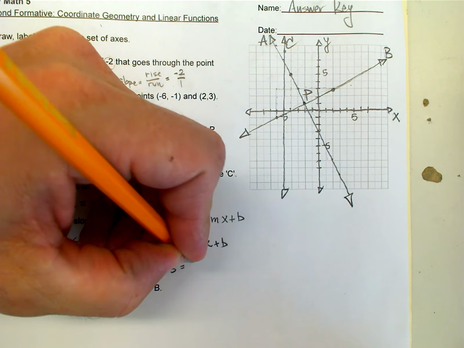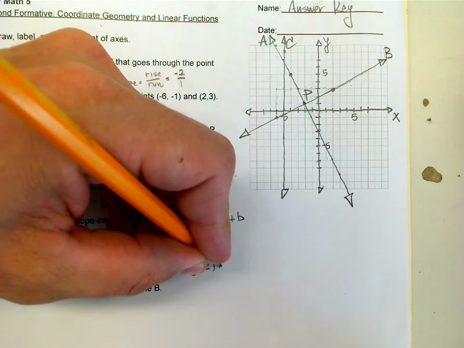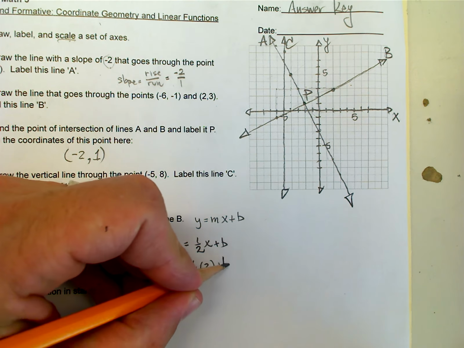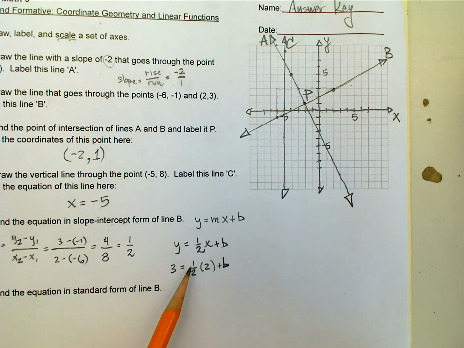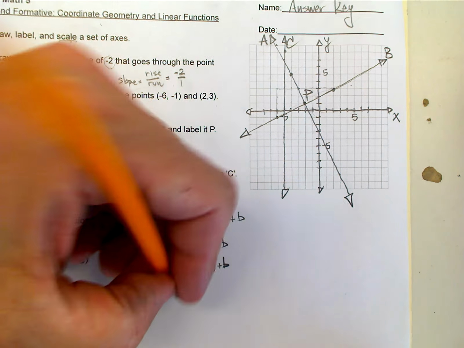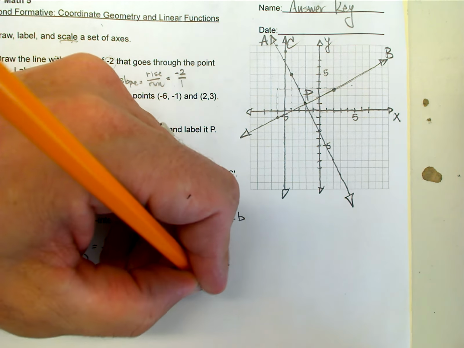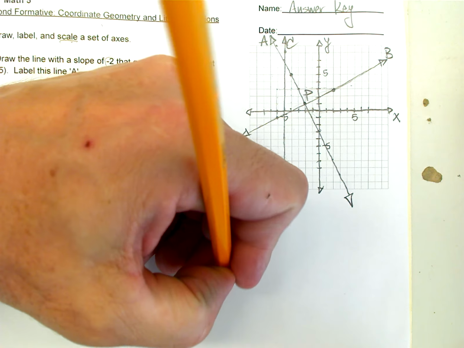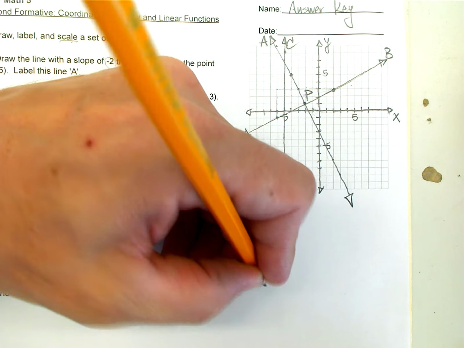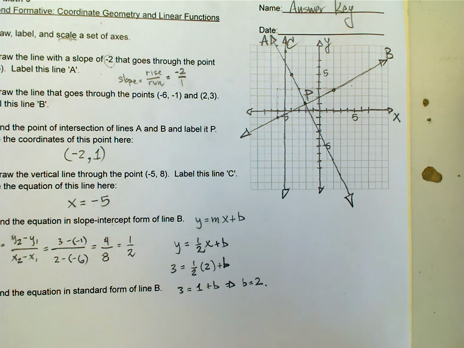If y equals 3 and x equals 2, I can substitute those values into this equation. And now I can solve for b. Let's see what happens. 1/2 of 2, that's just 1. So this is 3 is equal to 1 plus b. And from here, I think you can probably see that b is equal to 2, just as I suspected.